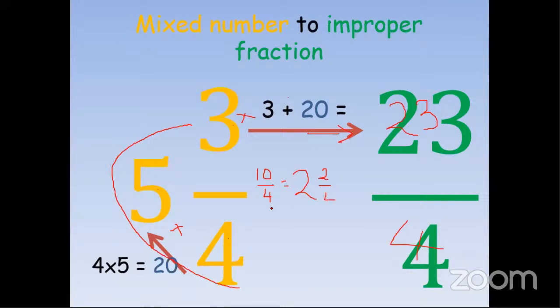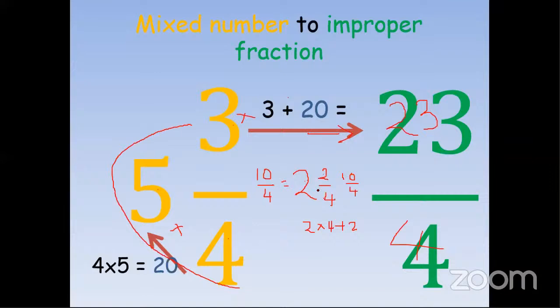When you convert this back, it will be 2 times the 4 plus the 2. 2 times 4 gives 8. 8 plus the 2 gives 10. So you come up with 10 out of 4, which is equivalent.